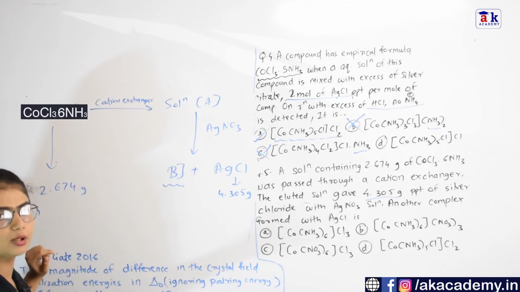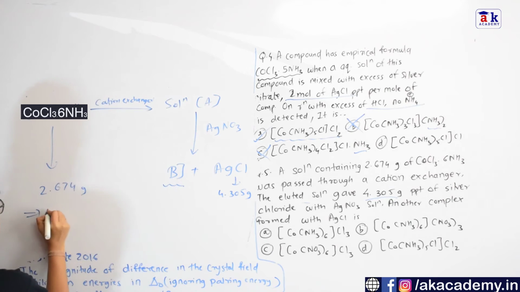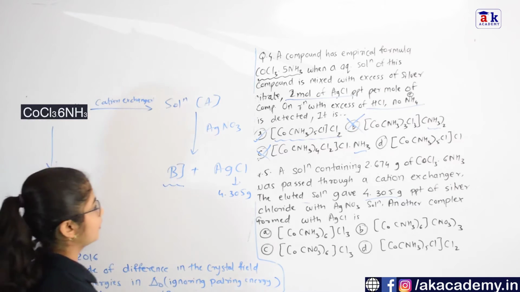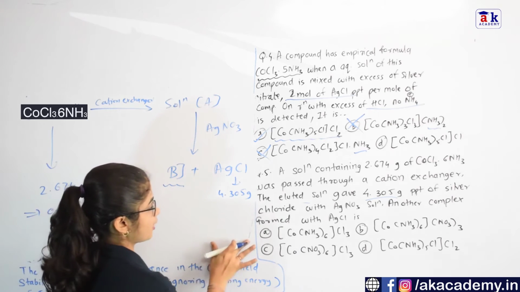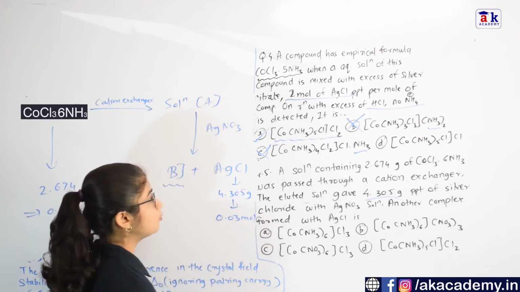If you divide the reactant by its molar mass, you will get 0.01 mole, and if you divide the AgCl by its molar mass, you will get 0.03 moles of AgCl.